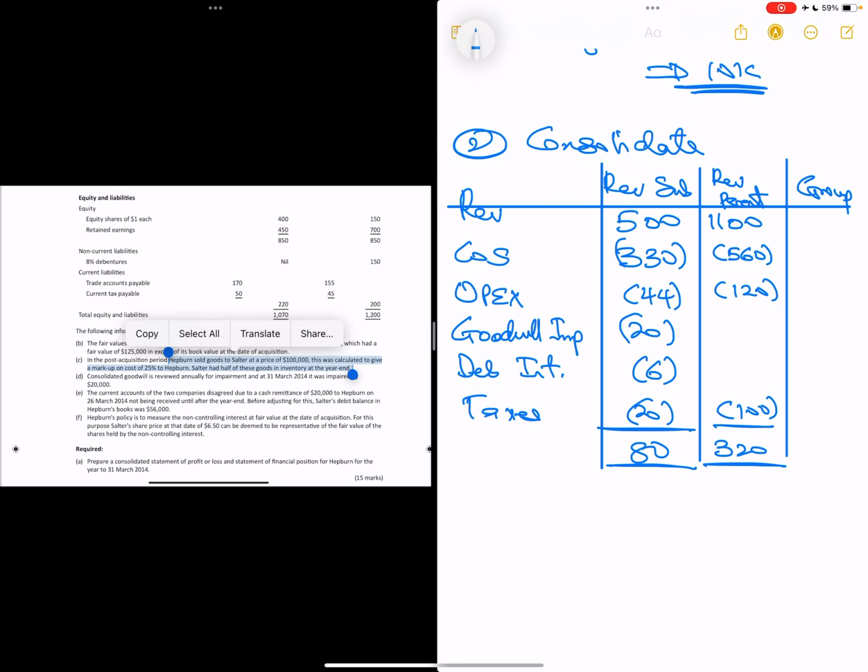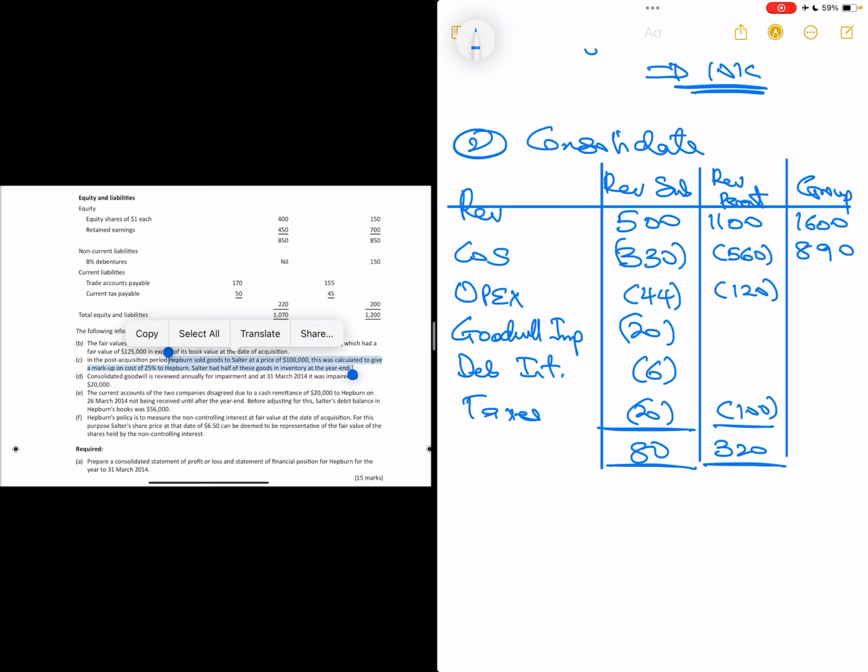At this point, we are ready to consolidate. It's now pretty easy. All we need to do now is to just add together. So this will give us 1,600. If you add 330 and 560, we have 890.